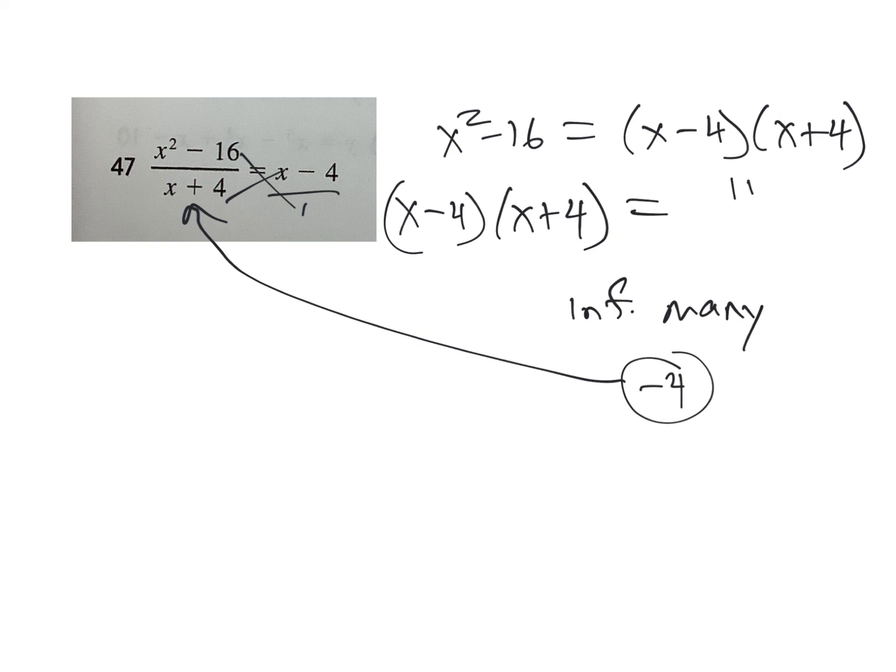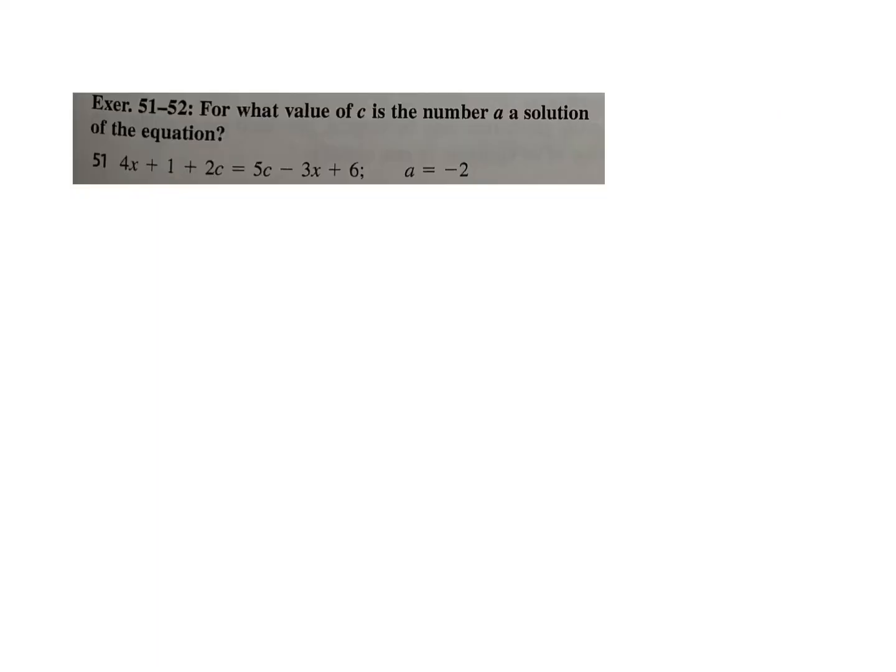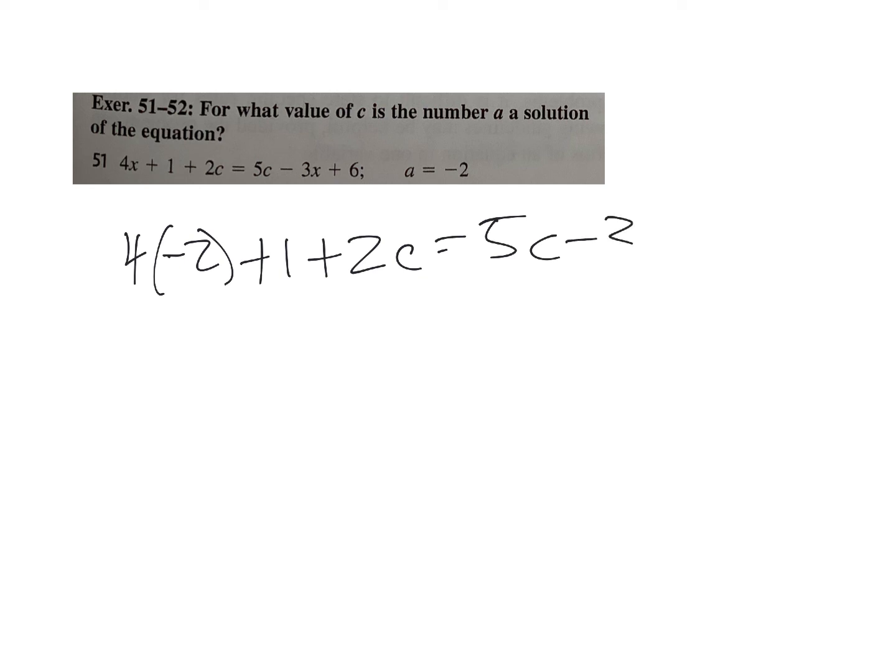All right, next. Okay, for what value of c is the number a solution of the equation? So all you're doing here is plugging in negative 2 to the equation and solving for c. So 4 times negative 2 plus 1 plus 2c equals 5c minus 3 times negative 2 plus 6. So a equals negative 2.